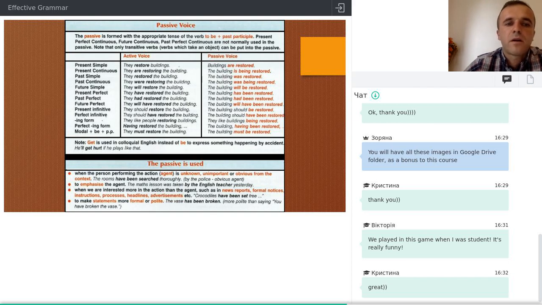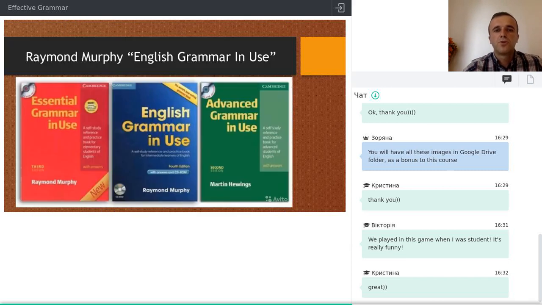Tell them the spheres where the passive is used: in law, in mass media, and tell them that the passive is used in formal speech, in news reports, in formal notices, instructions, and processes. So this topic is rather complicated, as you see, but it's up to you to choose the right approach.